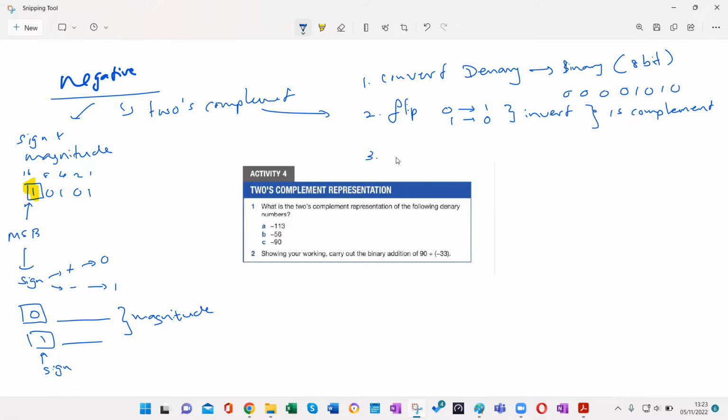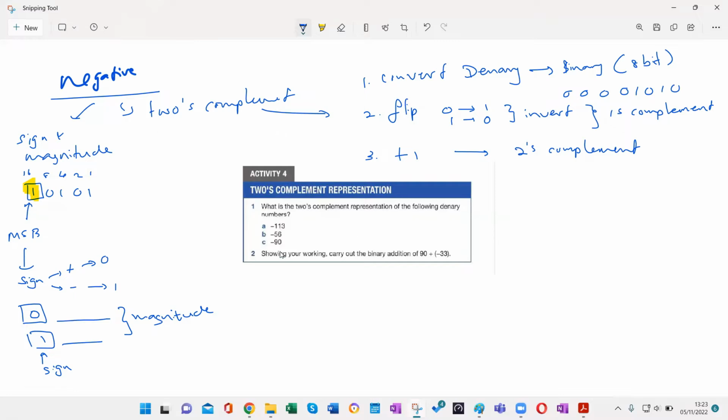Then to make it 2's complement, you add 1 to the number. Once you add 1, it's in 2's complement form. So these are the 3 steps that you have to follow when converting into 2's complement.